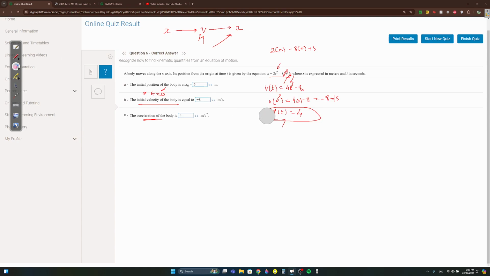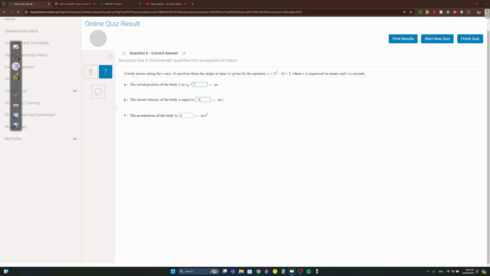But I just realized you can solve this by comparison. Okay? We know in UARM, whenever you see squared, x equals half a t squared plus u t plus x node. So these are all the answers to A, B, C. If you compare the coefficient of t squared here and here, you'll get that 2 equals half a.